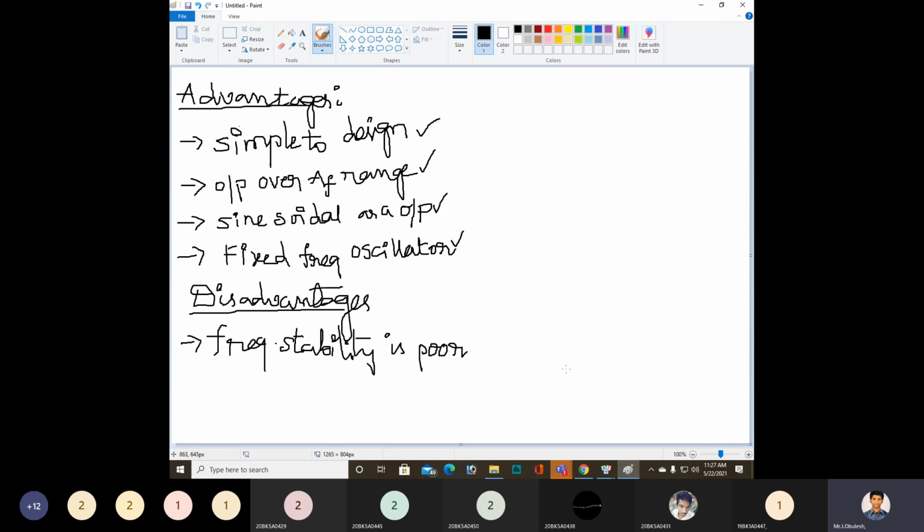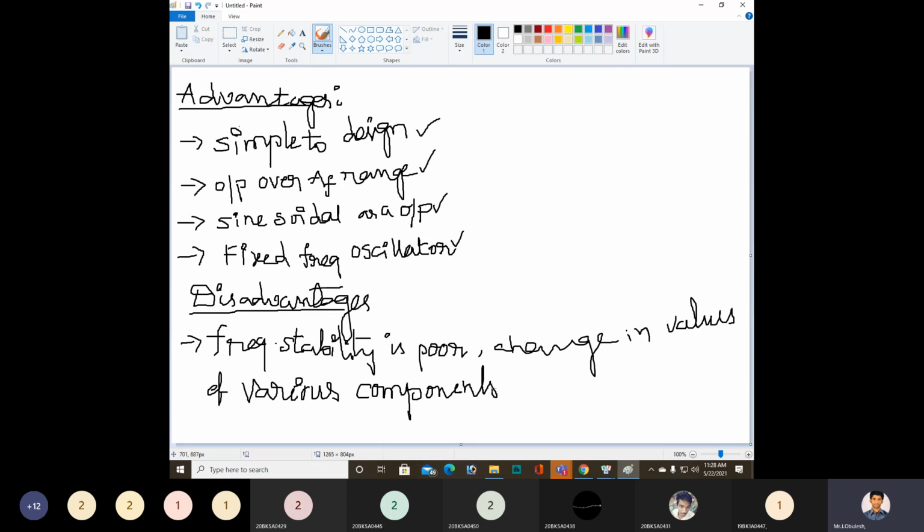Due to the change in values of various components, due to the effect of temperature, aging and so on.